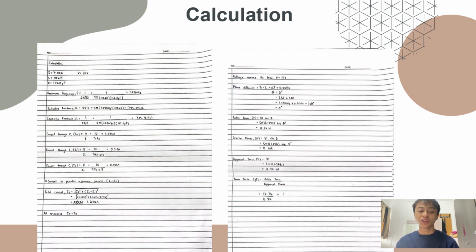Then we calculate the total current IT equal to square root of IR squared plus (IL minus IC) squared. So we got 1.274 amp, the same as the current through the resistance. So we assume that at resonance IT equal to IR.